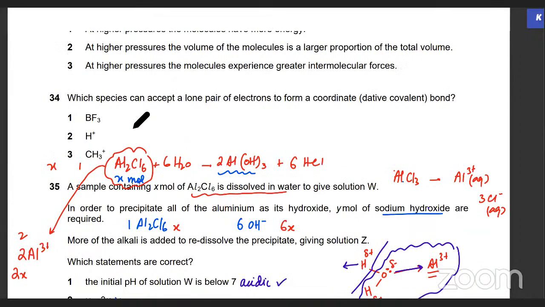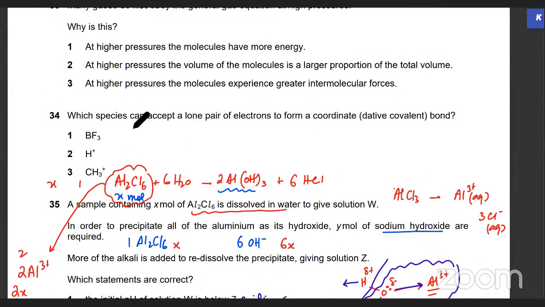Yes, sir. So next one is a species which can accept a lone pair of electrons to form a dative bond. So anything that has a completely empty orbital in its outer shell can accept a lone pair. The first one is BF3.